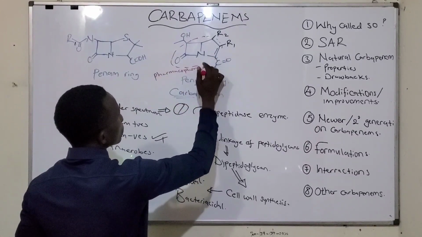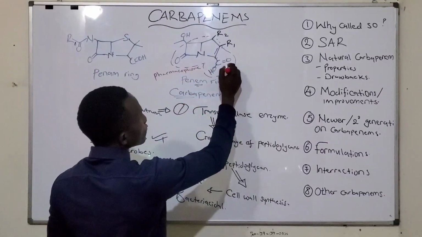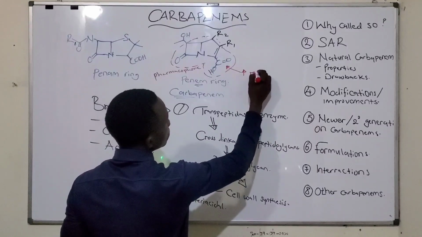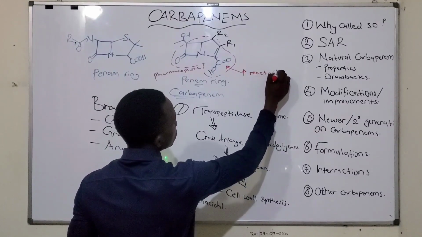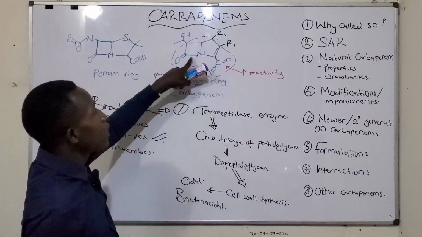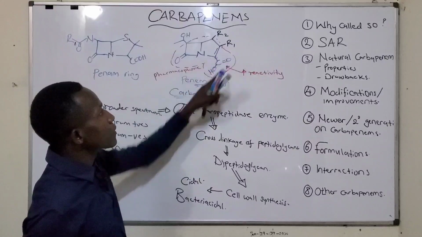With this carboxyl group. This carboxyl group increases the reactivity. It improves the reactivity of the beta-lactam ring. So it leads to the opening of this ring.